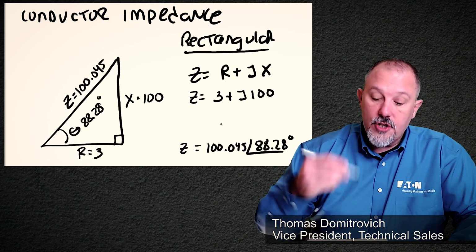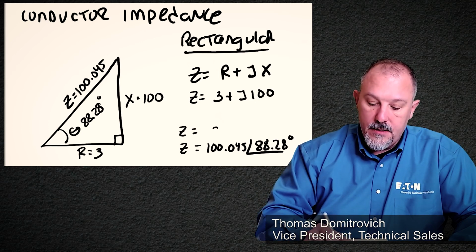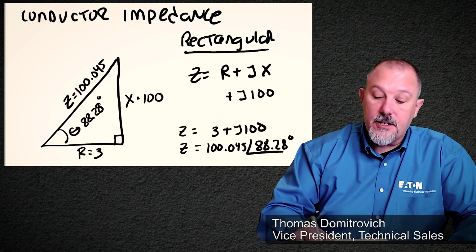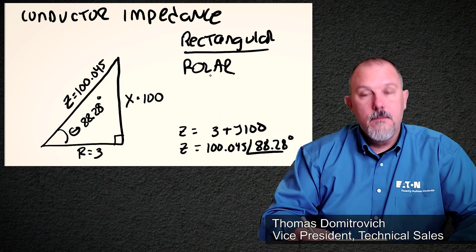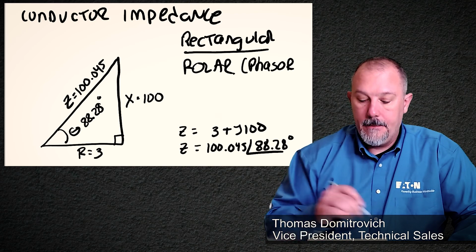So those are two ways that I have to represent this triangle or this conductor. Rectangular and polar. We call these phasors. All right?